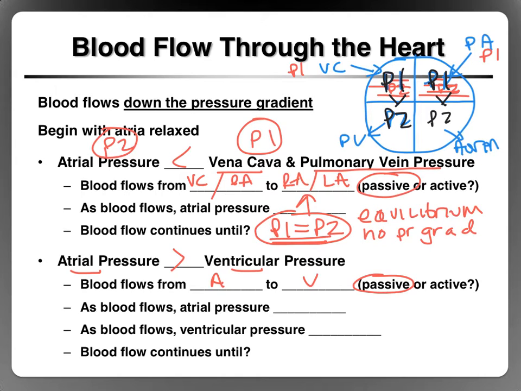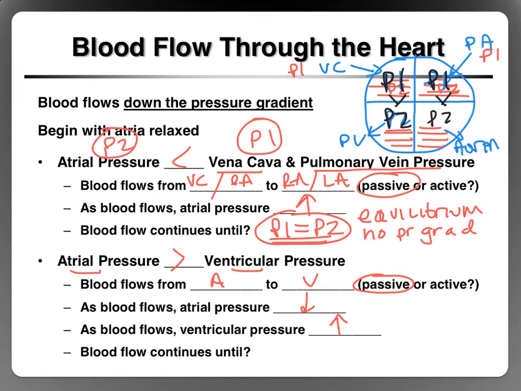Now, as blood flows from the atria to the ventricles, the pressure in the atria is going to drop. As the atria lose blood, there's less and less pressure on the walls of the atria, so the pressure in the atria is going to drop. Simultaneously, as the ventricles fill, we've got pressure on the ventricle walls, and the ventricular pressure is going to rise.